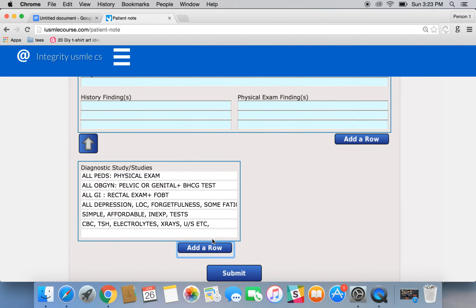We'll be careful with very expensive tests such as MRI or invasive tests such as biopsy. We're always going to have these tests when it's very necessary, like in the case of headache for MRI, where we want to rule out cancer, or to examine tissue for biopsy. Now we've completed the diagnostic studies section.